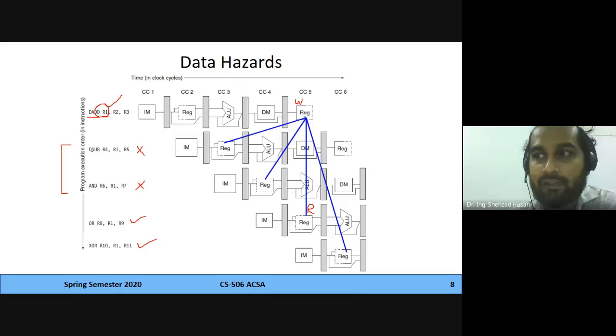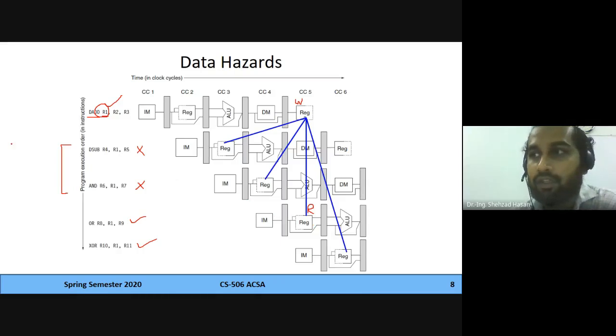So if you need subtract to use that result, it should be aligned with the 5th cycle, where the first instruction is going to write to the register file, and that instruction is going to read from it. Anything before that is not acceptable.